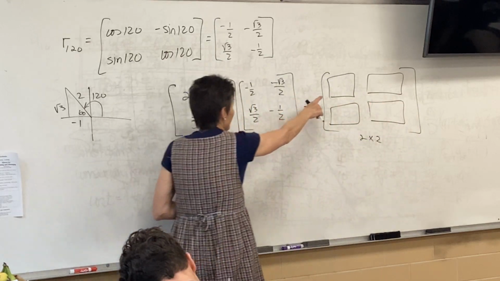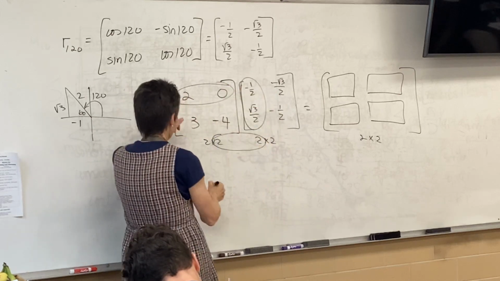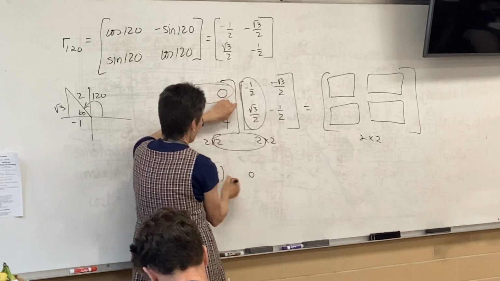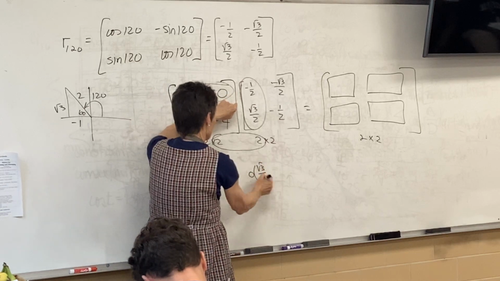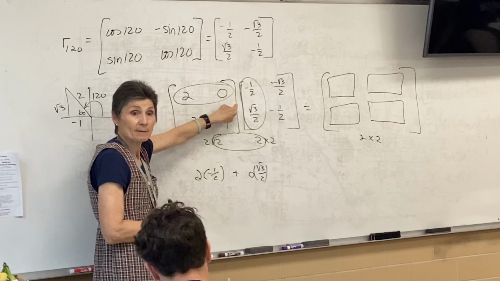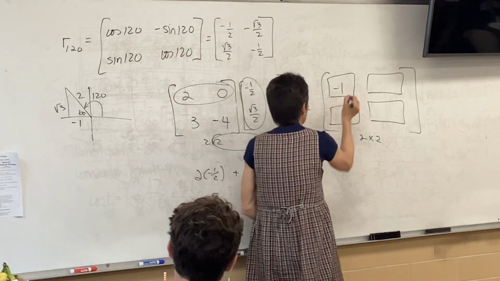So, to get that number, I'm going to take this row times this column. So I've got my 2 and my 0, a negative 1/2, and a root 3 over 2. I add them together. Negative 1, that worked out nicely, negative 1.